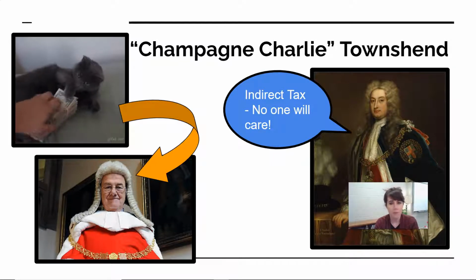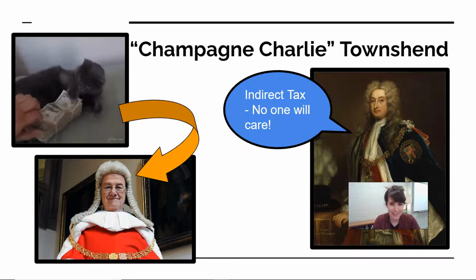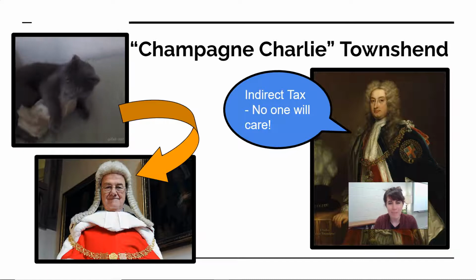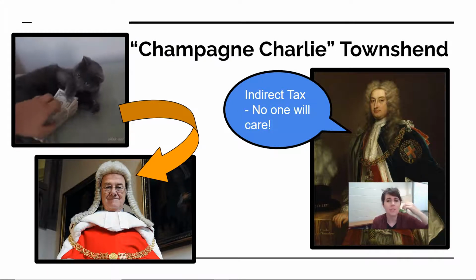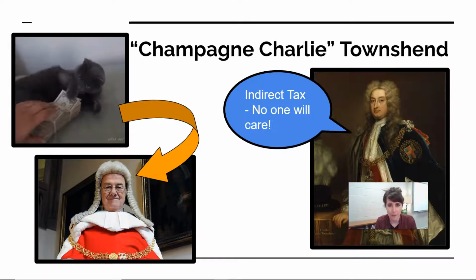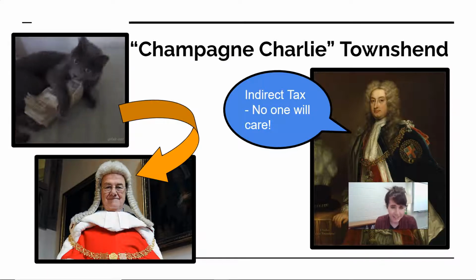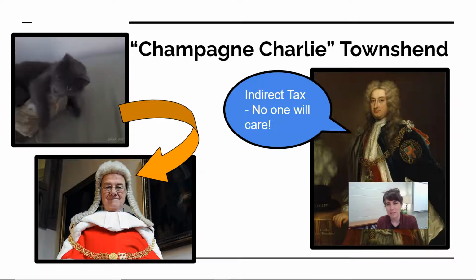Right? As opposed to a direct tax, which would be more like a sales tax, where when you're buying your barley in the store, you're paying a tax up front right then. So they're saying, well, if it's an indirect tax, it's a customs tax, no one will see it, they won't care. Okay? And guess what? People did notice and people did care.